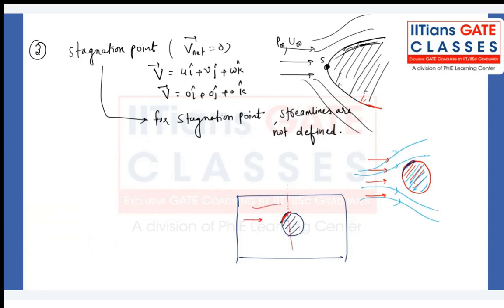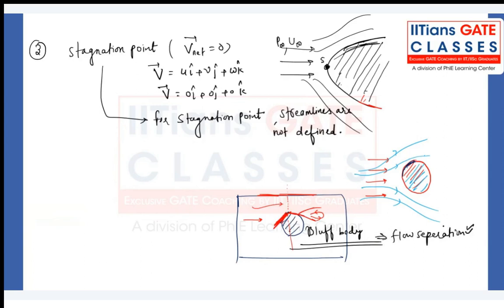See here, flow is approaching like this. Again, here it is working like a diverging section. So we have the possibility of flow separation from here, a recirculation zone. Not only possibility, we have this blunt body. Whenever we have a blunt body, we will be having flow separations.